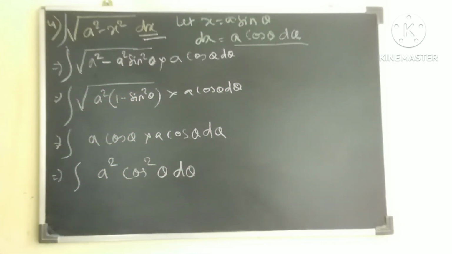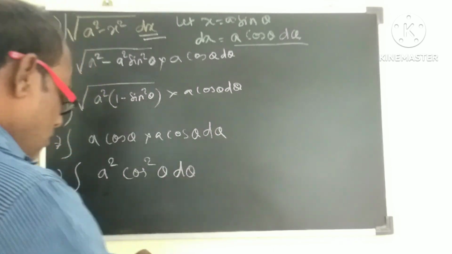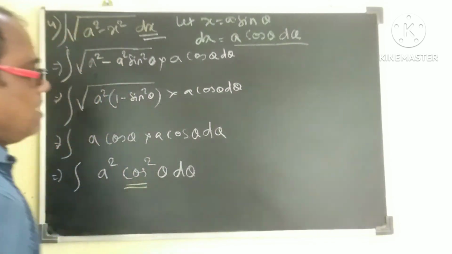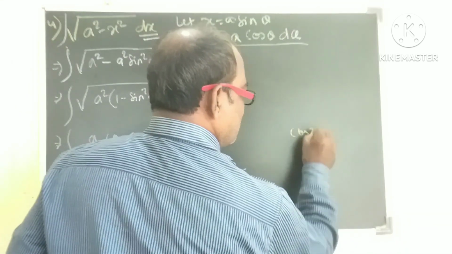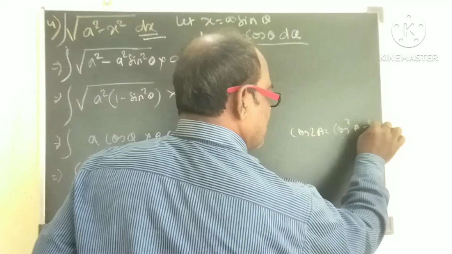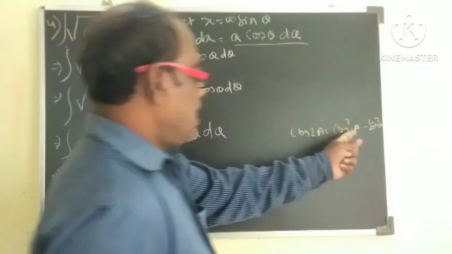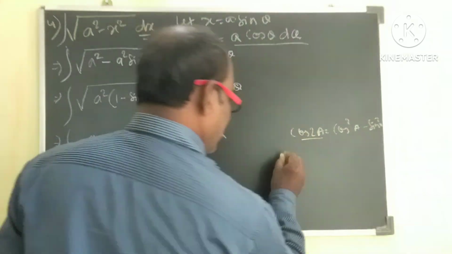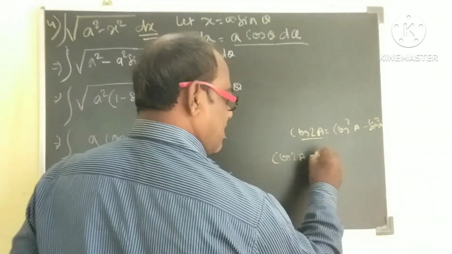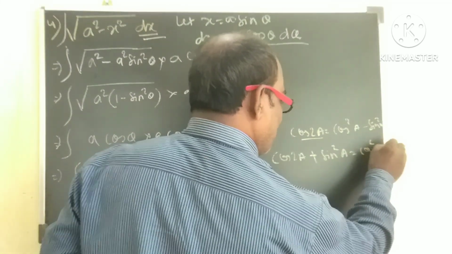Now a square is a constant, we are going to take it out and we have to find the integration of cos square theta. So my dear students, to find the value of the integration of cos square theta, we know that cos 2a is equal to cos square a minus sin square a. So cos 2a plus sin square a is equal to cos square a.